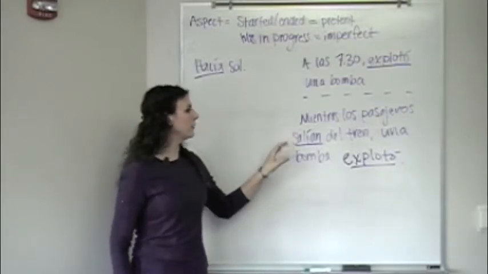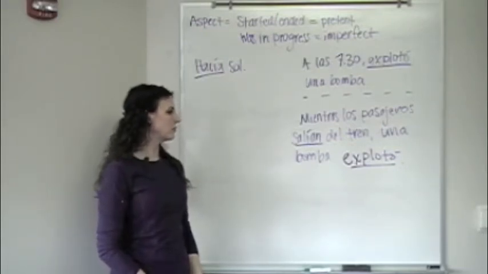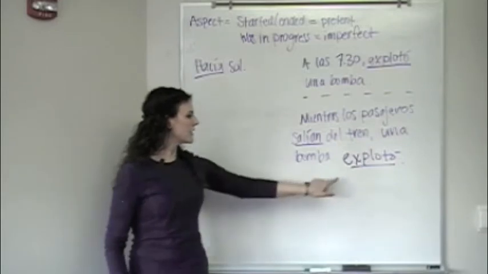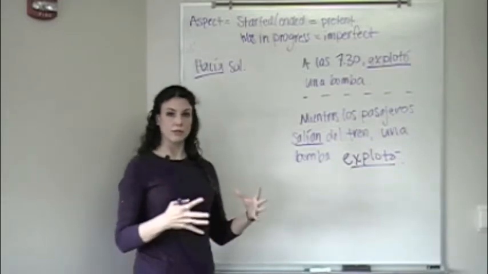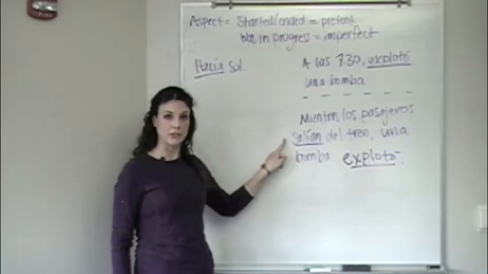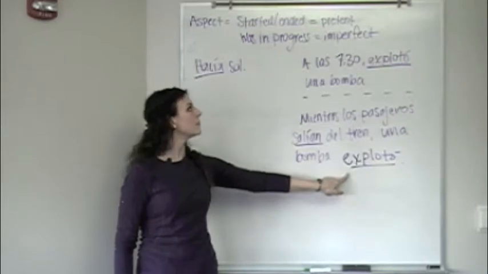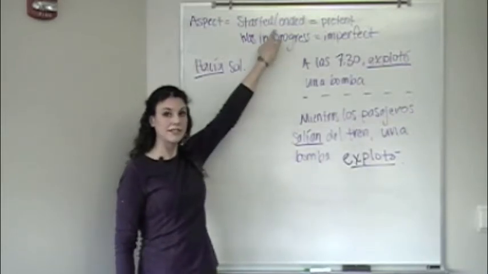In this new example, mientras los pasajeros salían del tren, una bomba explotó, we're seeing that the bomb explosion happened while the passengers were leaving the train. This event was not in progress. We use the preterite to signify that it was a completed action in the past.